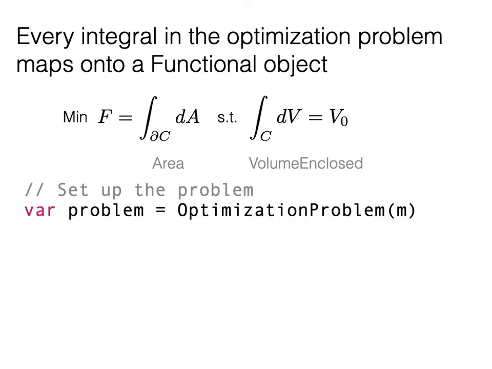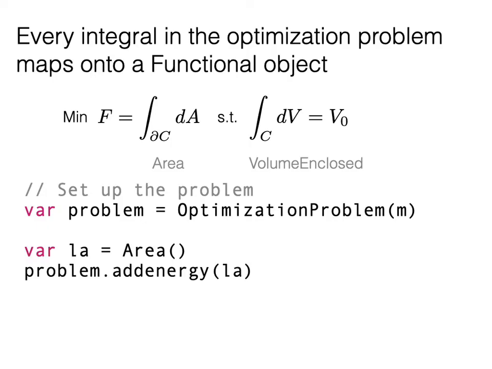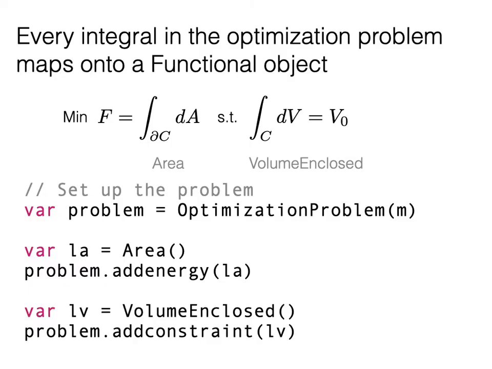To set up the problem, we create an optimization problem, which is a container object. We need to give it the mesh in the constructor, and then we can add the functionals to it as we create them. So we'll create an area object and add it to the optimization problem as an energy. We'll then create the volume enclosed functional, and we'll add it to the problem as a constraint.